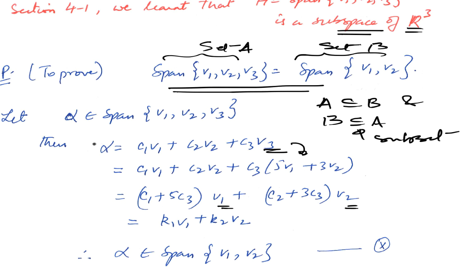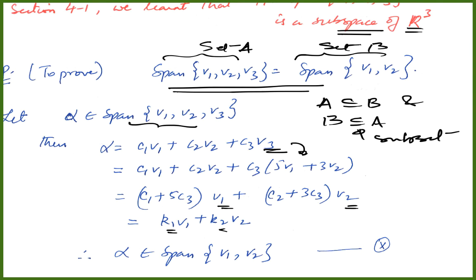So then this whole alpha is now written in terms of two vectors, v1 and v2. Just give new constants to it, k1, k2. So if alpha is an element of span{v1, v2, v3}, it is also an element of span{v1, v2}. That means we have proved that the set A is a subset of B.